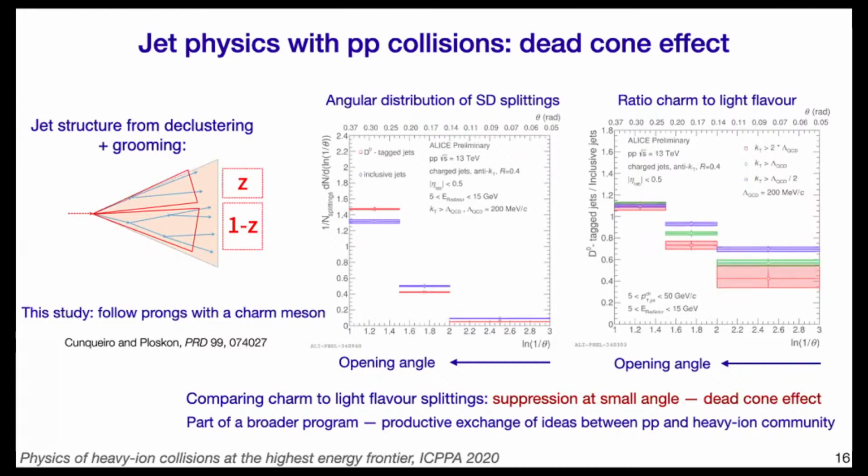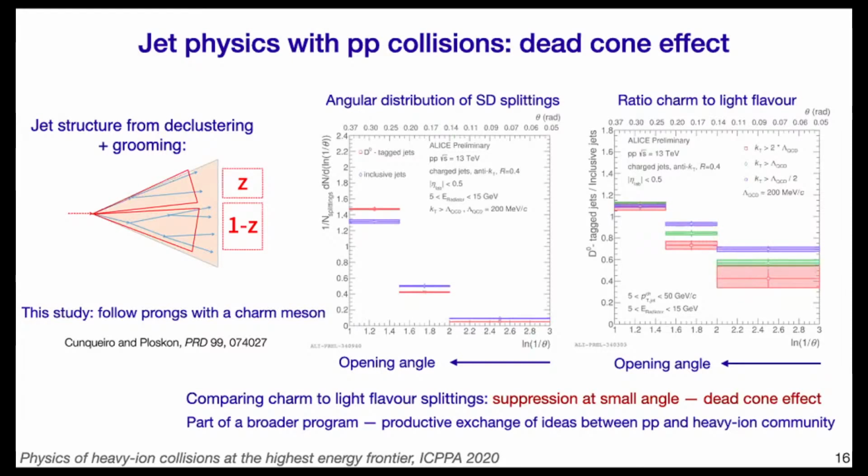So what is done here is that you follow prongs inside the jet, which follow basically the showering process, and you can then plot the angular distribution, which is shown in the middle. The axis is such that large opening angles are on the left, and you can compare light and heavy quarks, or light flavor and heavy flavor, by looking at the D mesons in the final state, and make a ratio, which is shown on the right.